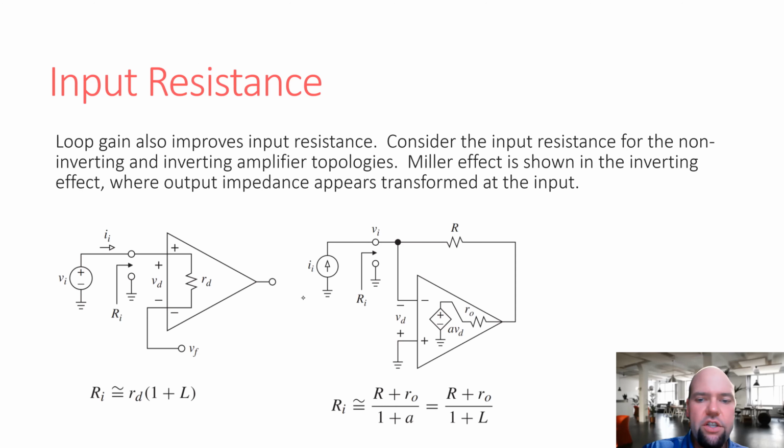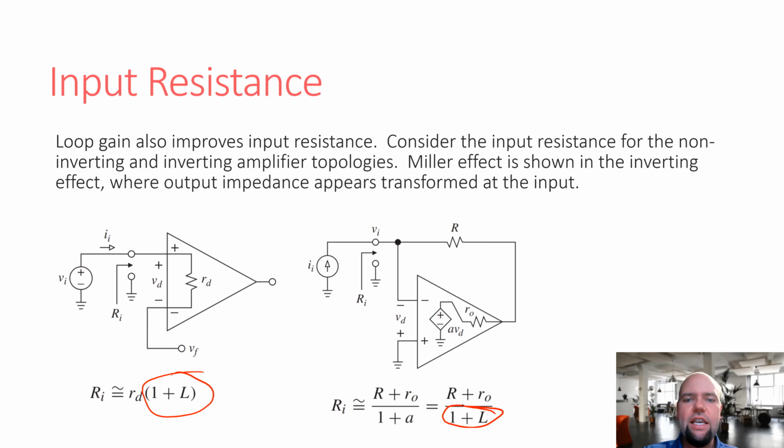Input resistance also gets improved by a factor of 1 plus L. So in series, it's improved by 1 plus L. In shunt, it's improved by dividing by 1 plus L. So again, for current input, you want a low input resistance. For voltage input, you want a high input resistance.